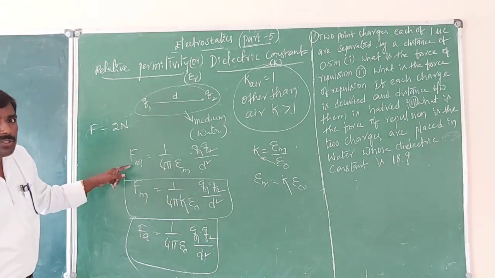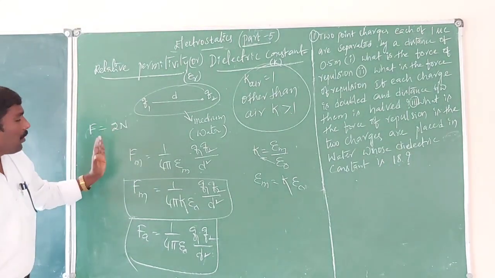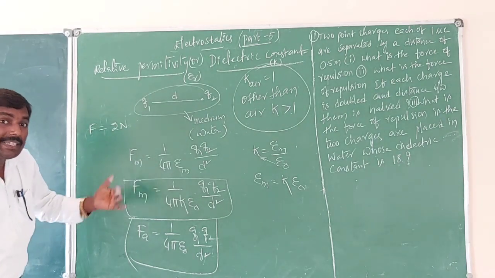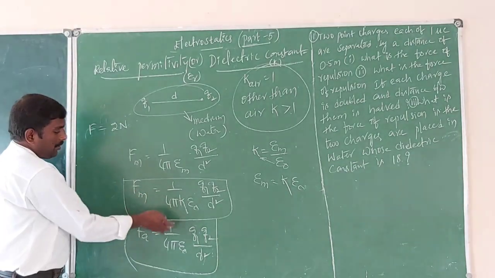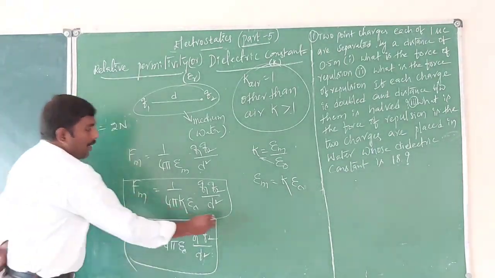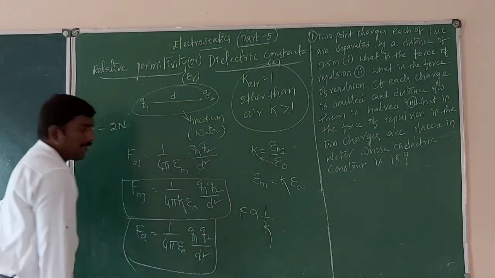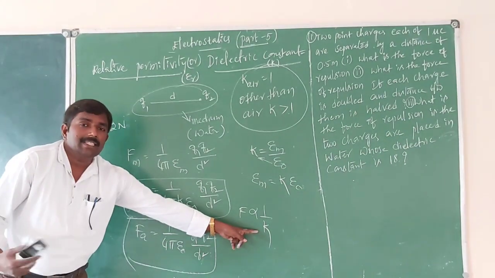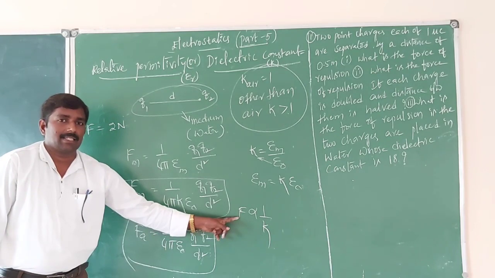What is the nature of force? Of course, repulsive force. Does the force increase or decrease? Decreases, because F is inversely proportional to K, that is F proportional to 1 by K. So as K of the medium increases, the force value decreases.